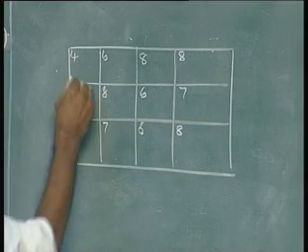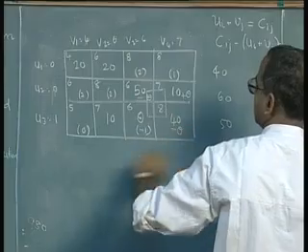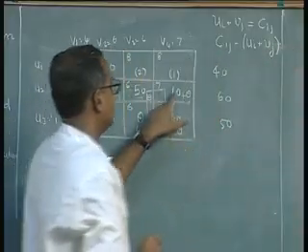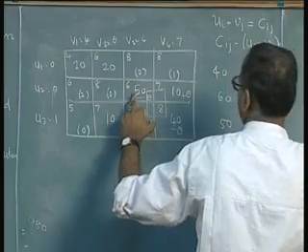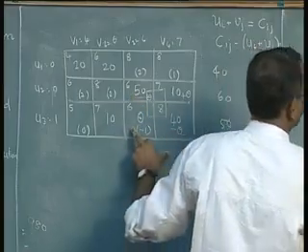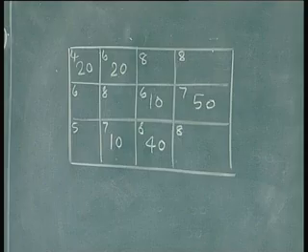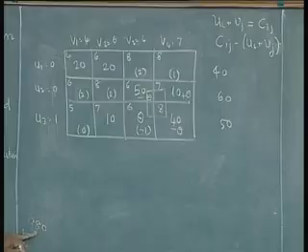The new solution, we have a 20 here, we have a 20 here, we have a 10 here. Now theta is 40, so this becomes 0. 10 plus theta will become 50, 50 minus 40 will become 10, and this theta is 40. Now the Cj minus Zj is minus 1, theta is 40, so there is a further reduction of 40. So 980 had already become 960, 960 minus 40 is 920.